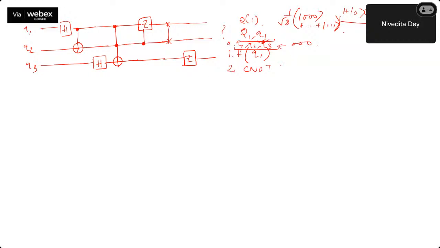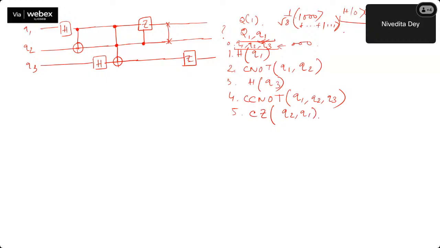So it's Hadamard on Q1, then a C naught on Q1, Q2. Then third is a Hadamard on Q3. Fourth one is a C square naught or a CC naught on Q1, Q2, and Q3. Fifth one is a controlled phase gate, so it's basically a CZ gate on Q2, Q1, right?